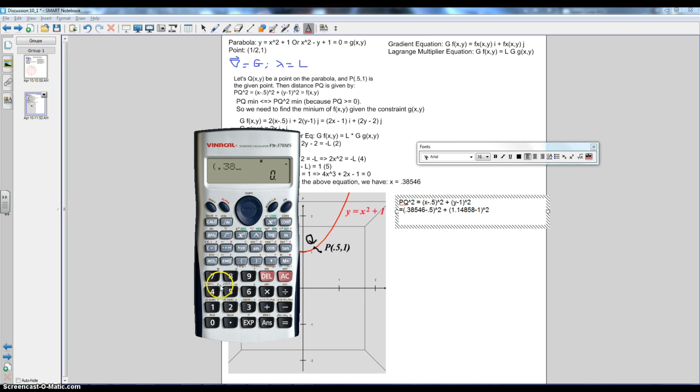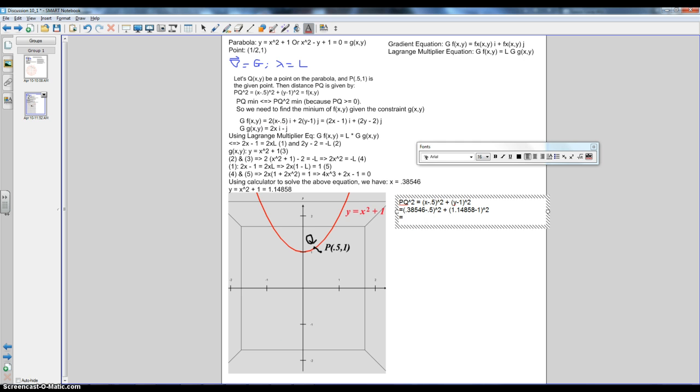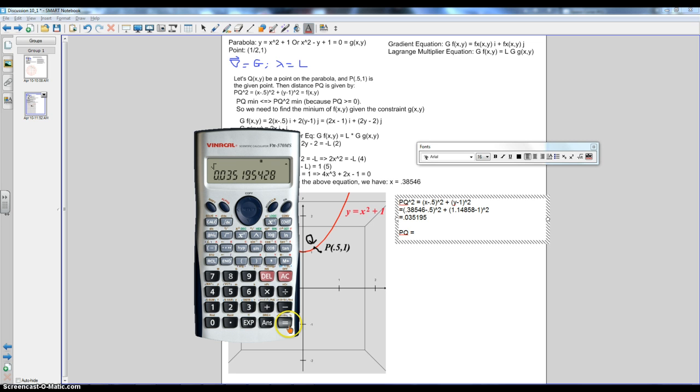It's going to be 0.035195. So PQ is the square root of PQ squared, and it's going to be 0.188.